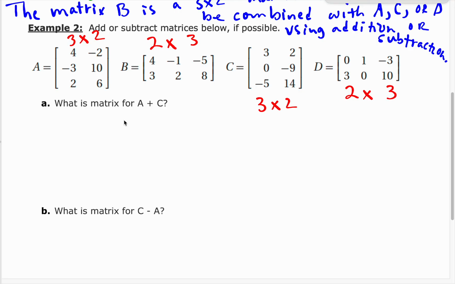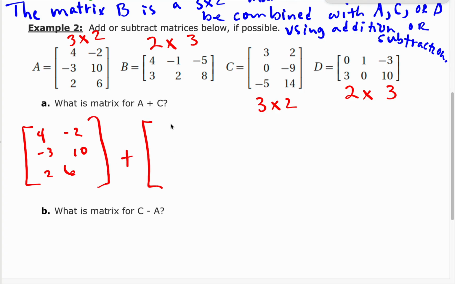So they're asking us, what is matrix A plus C? A, okay, so we have A, which is 4, -2, -3, 10, 2, 6, and they want us to add that to C, 3, 2, 0, -9, -5, and 14.